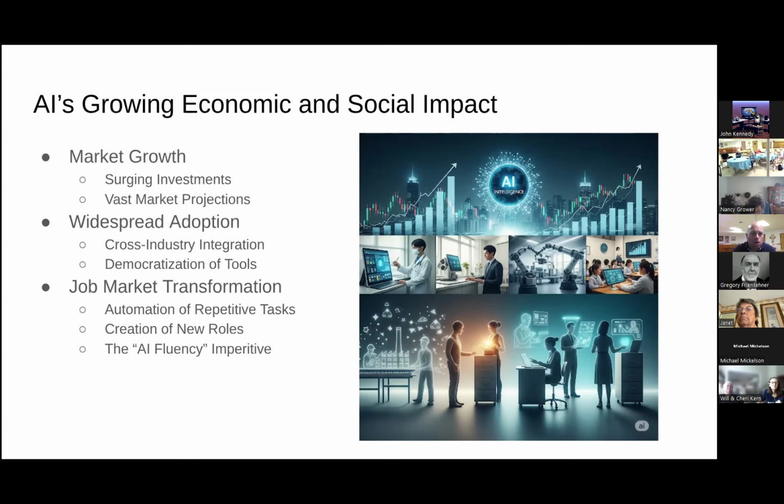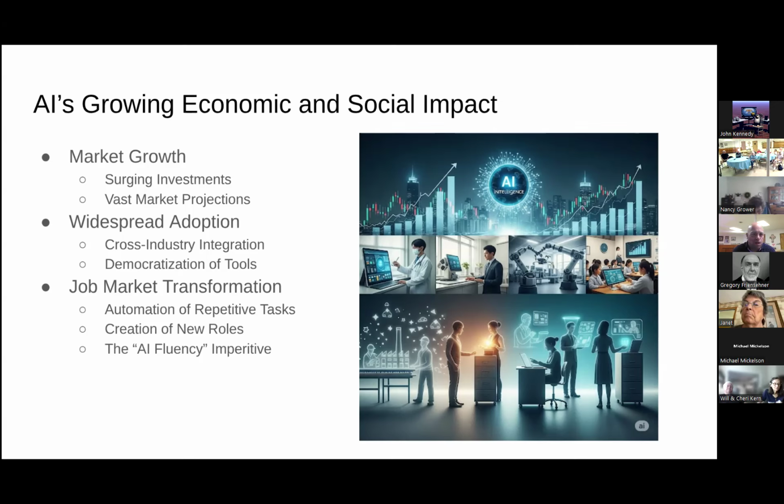The next category of impact would be the widespread adoption. If you look at cross-industry integration, AI is no longer confined to Silicon Valley. Businesses in diverse non-tech sectors like healthcare, finance, education, manufacturing, retail, and entertainment are all integrating AI for everything from optimizing operations to enhancing customer experiences.